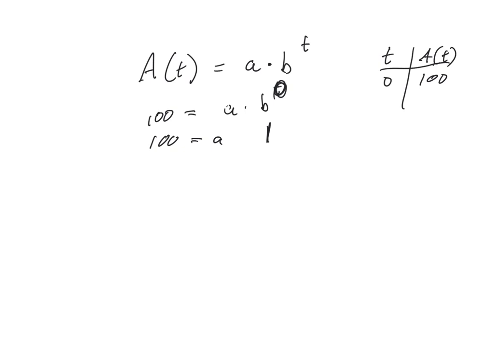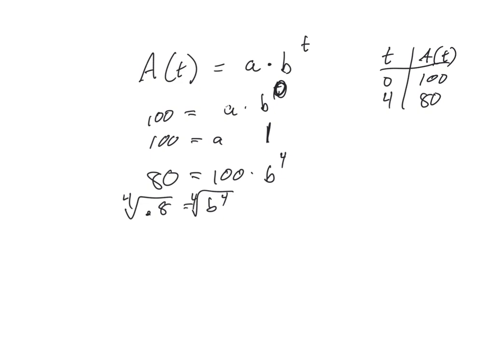Second part of the problem then says, after 4 hours, it has decayed to 80 milligrams. So at 4 hours, I am at 80 milligrams. So 80 is equal to 100 times B to the 4th power. So solving that, reversing that out, that's 0.8 equals B to the 4th. Take the 4th root of each side.